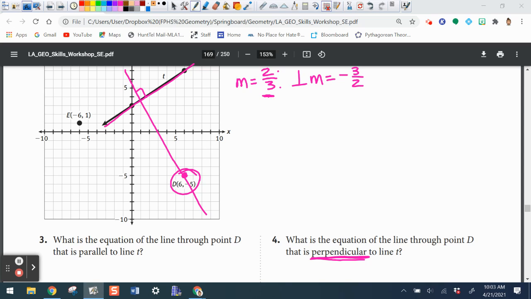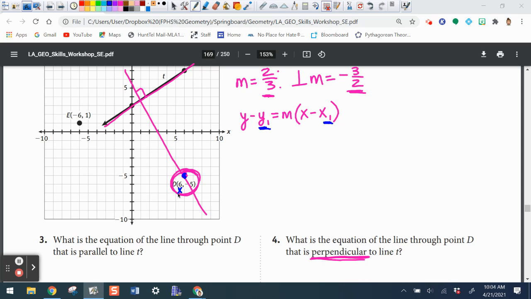And that, truthfully, is the only change between what we're going to do on item 4 and what we did on item 3. Now that we have our slope and a point that the line goes through, we're going to use point slope to write the equation. So y minus y1 equals m times x minus x1. Recall that x1 and y1 are the point on that line.